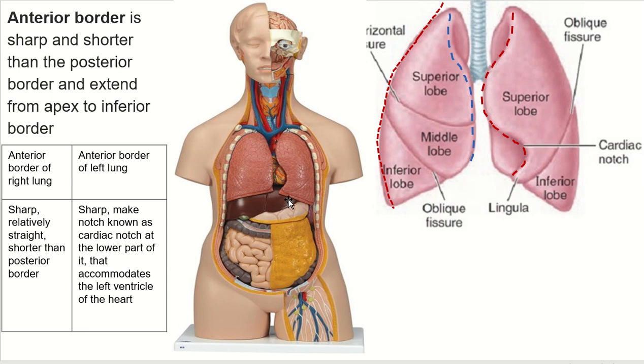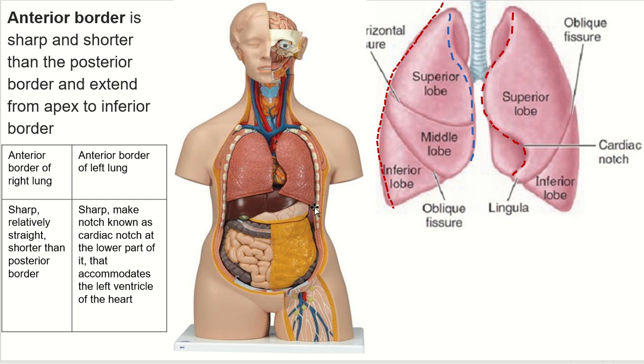Now relation of the base of the lung. This is right lung. Base is deeper in the right lung due to the large size of the right lobe of liver. And base of the right lung is separated from the right lobe of the liver by right dome of the diaphragm.